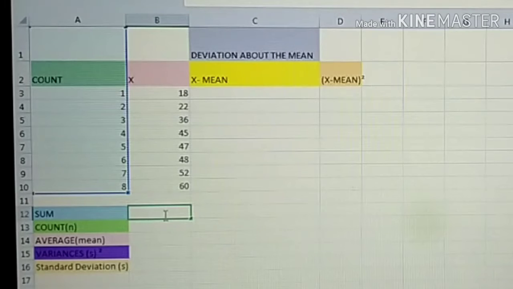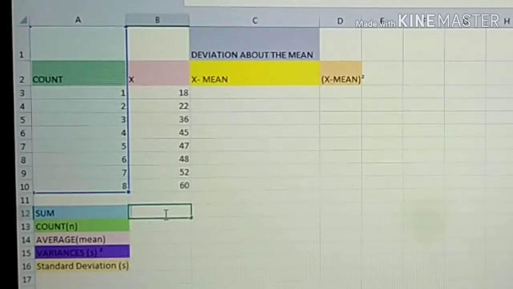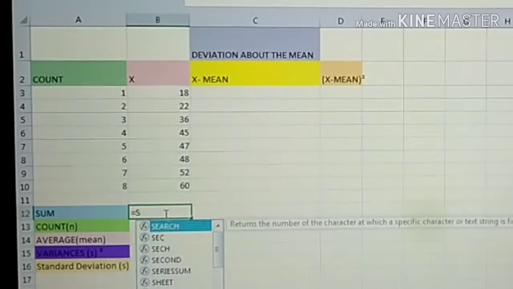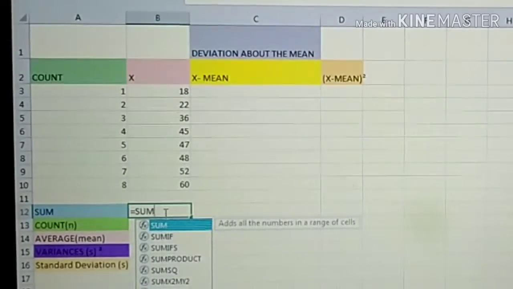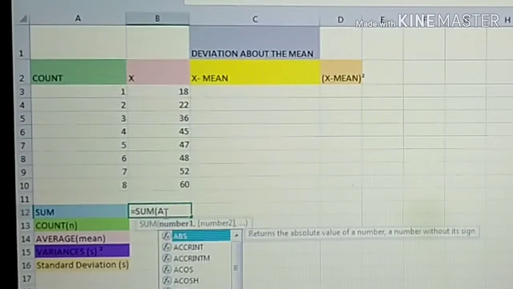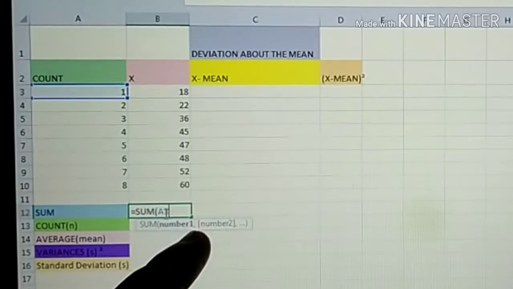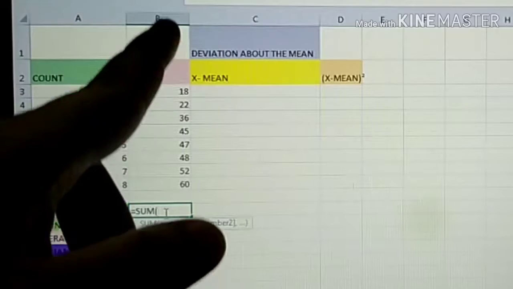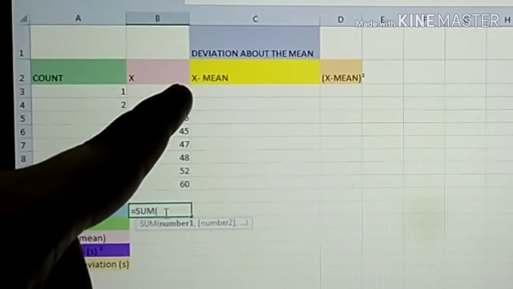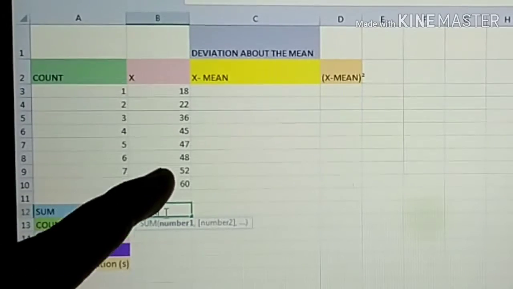Sorry, as you can see, I input the wrong data. So, we need to repeat how to get the sum. Equals, then sum, open parenthesis, value A is equal to 3. A3 to... no, not A3, then B, because of the data, we need to get the summation of this x.